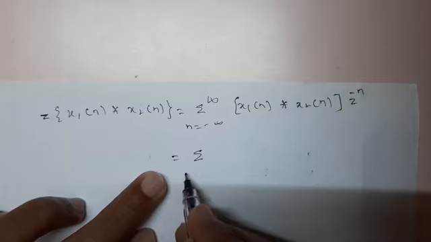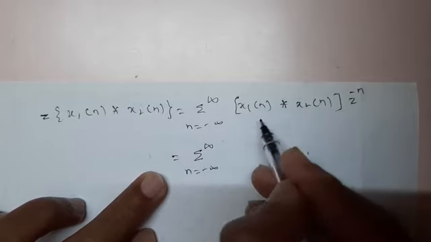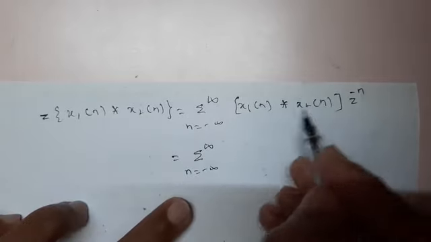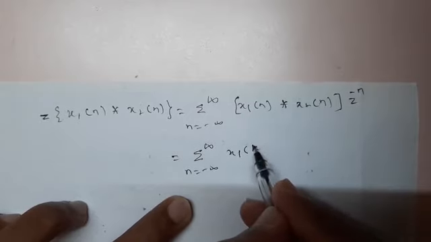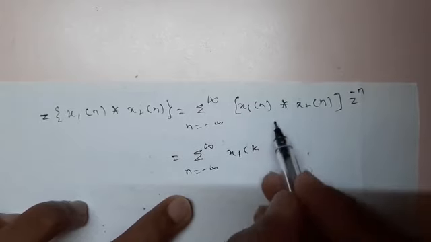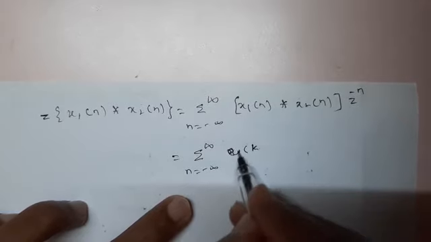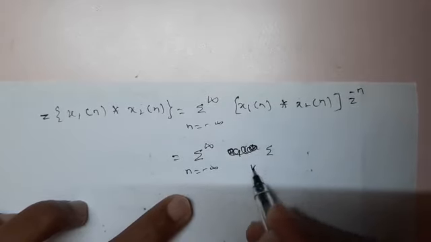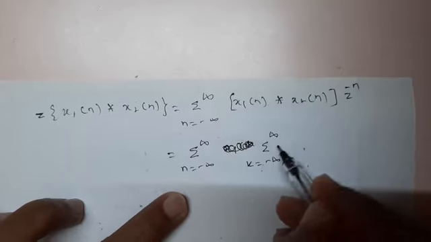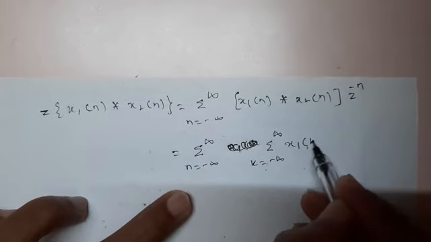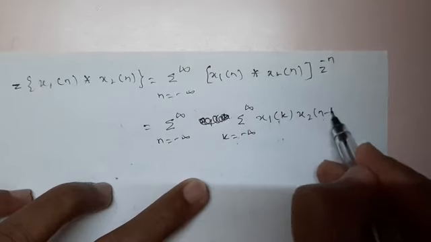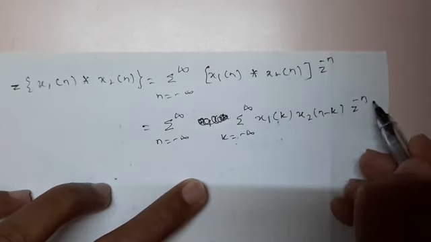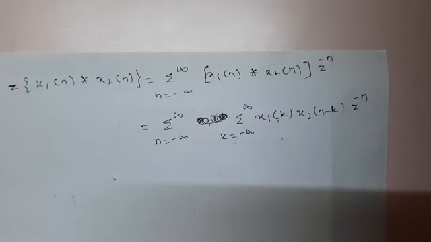What is x1 of n convolution with x2 of n? This is the convolution sum: summation k equal to minus infinity to plus infinity x1 of k x2 of n minus k z to the power minus n.